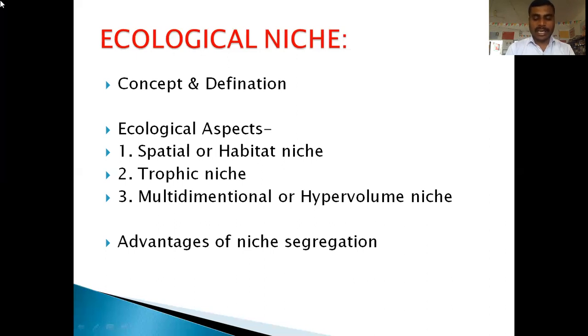Then the segregation of each species into different niches permits the occupancy of an area by a large number of species, and hence it is useful in increasing diversity of that particular area or habitat. In this way, these are the advantages of niche segregation.